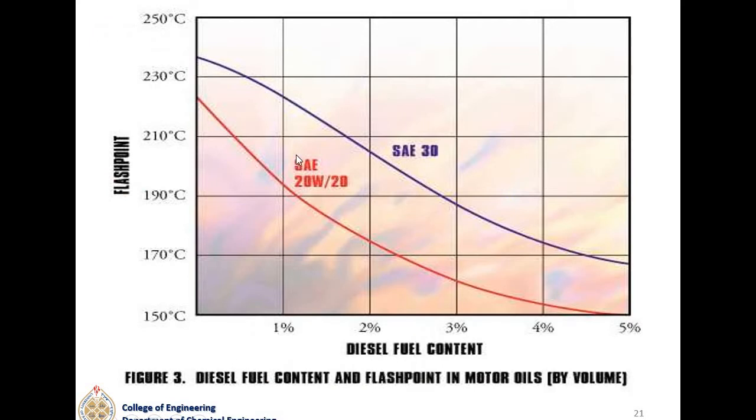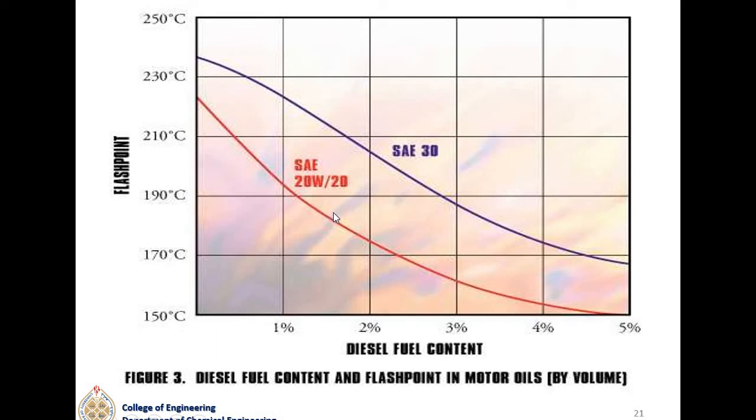So for example, if I talk about the diesel fuel content and the flash point in motor oils. What is the flash point for this diesel to catch fire? In other words, what is the temperature for this diesel to flash, to catch fire in motors? And of course, you can see here two lines, and one of them uses the open cup.